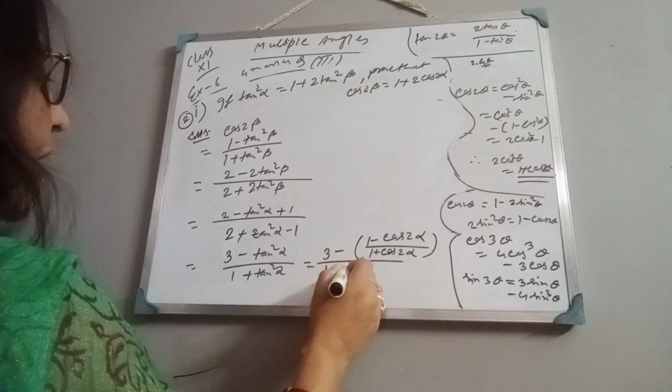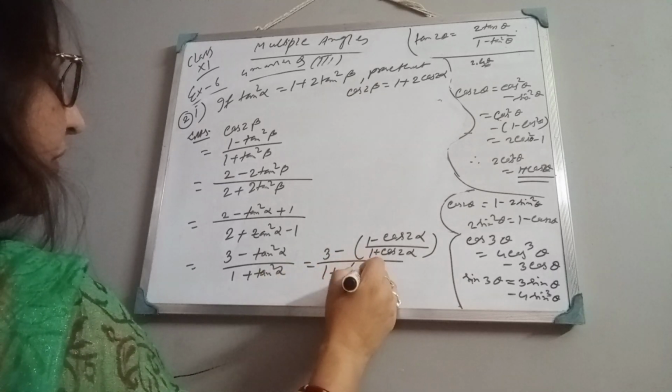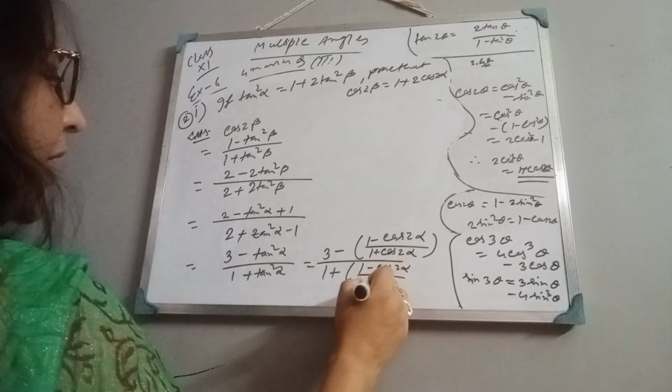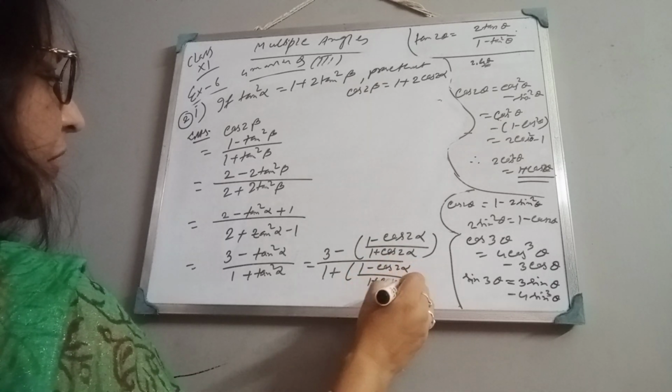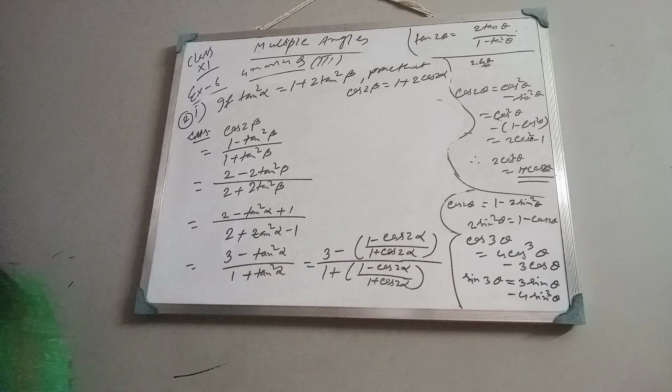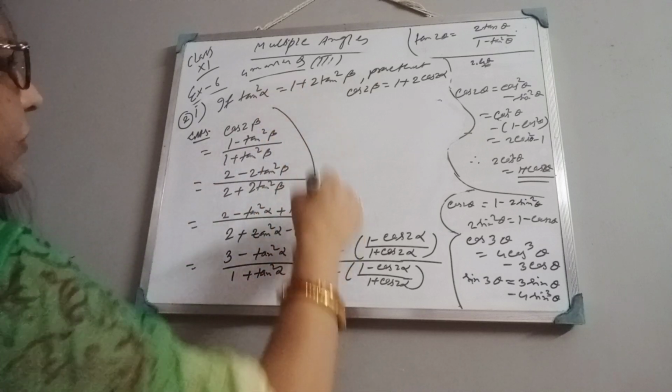And here also in 1 plus tan² α we will write the same, (1 minus cos 2α) by (1 plus cos 2α). Done. Now only the calculation part is there.